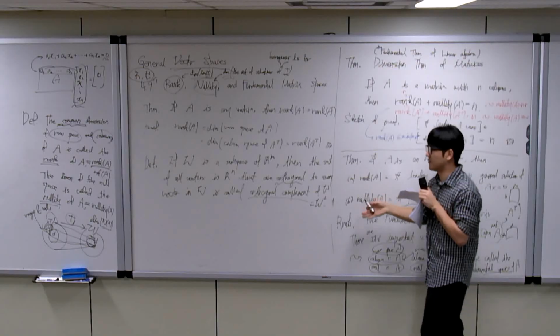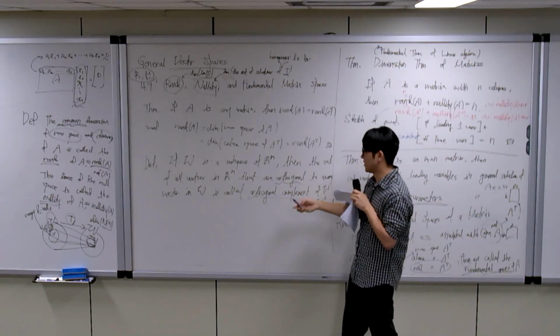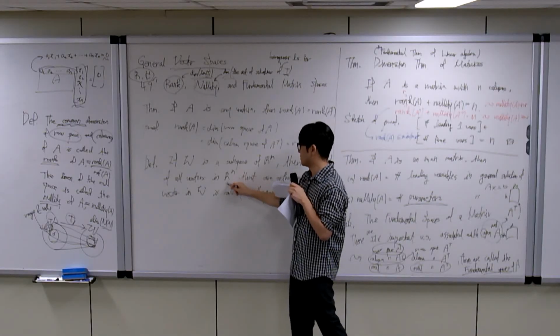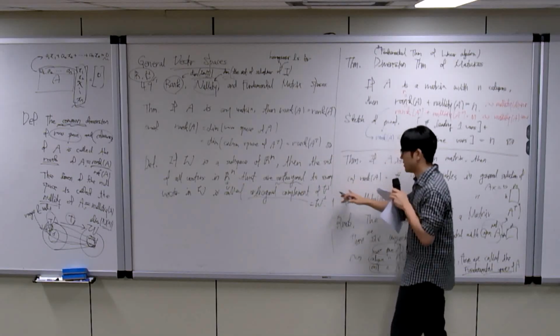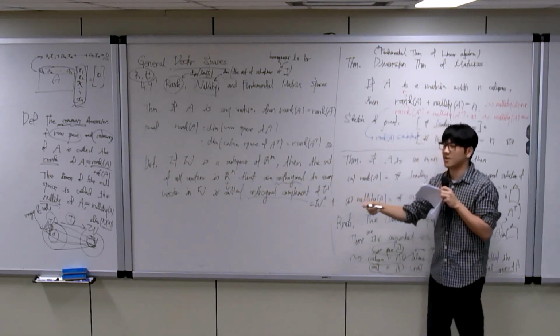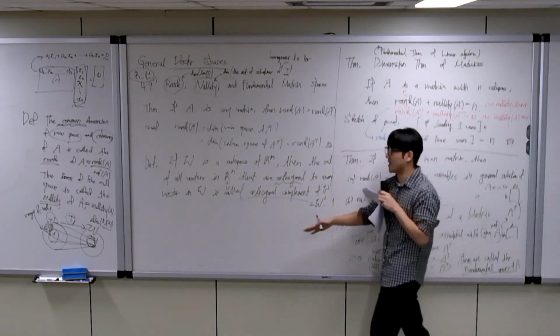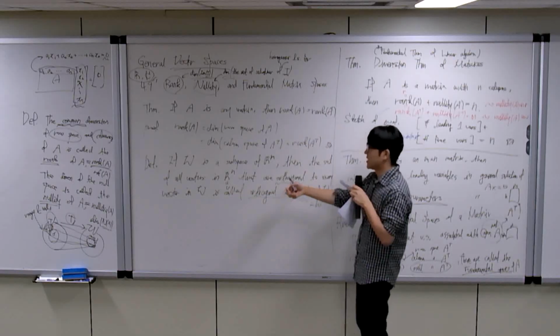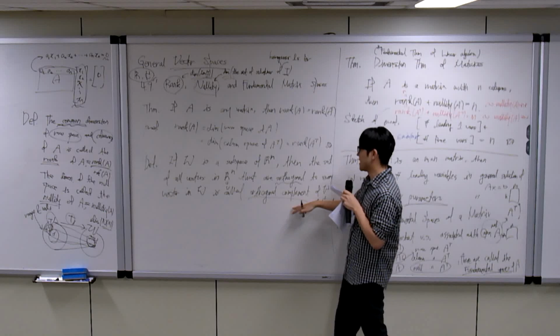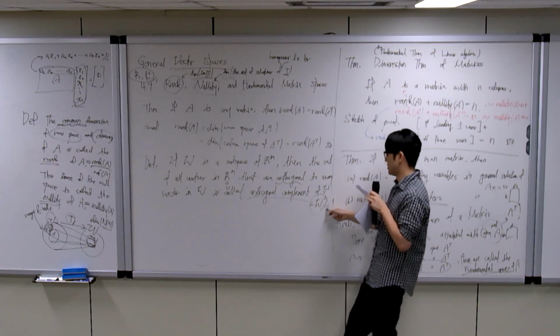So if a vector v in R to the n has a dot product of 0 with every element in W, then it is an element of W perp.